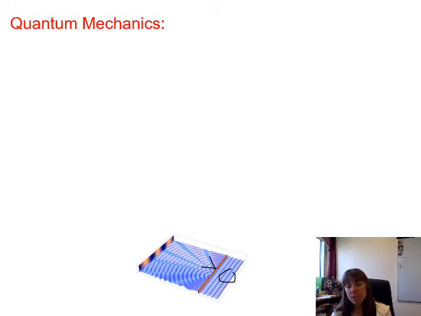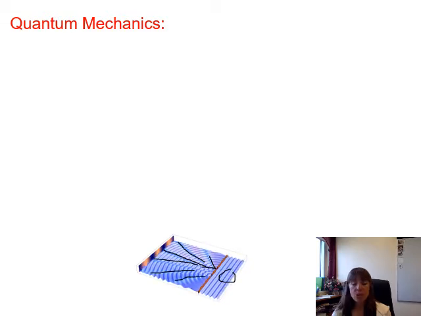As they moved, you would see constructive and destructive interference, and the destructive ones were these dark lines. This is evidence of the wave nature of something. This would be water waves. That's what this looks like. The water is going through, and since it's traveling in waves, you get this destructive interference.